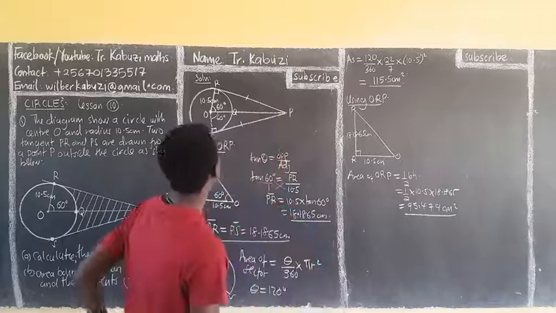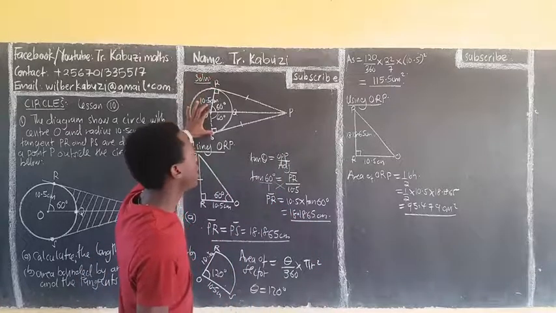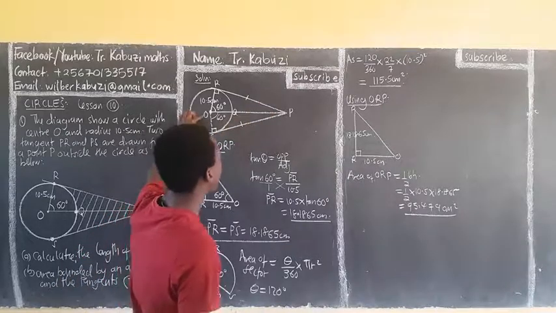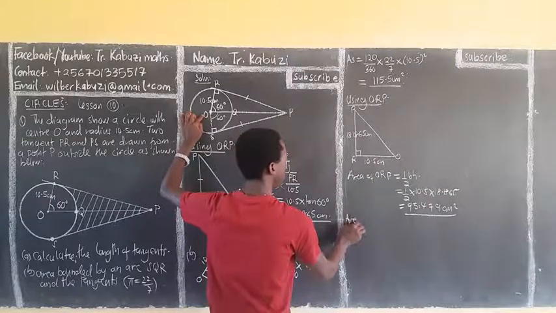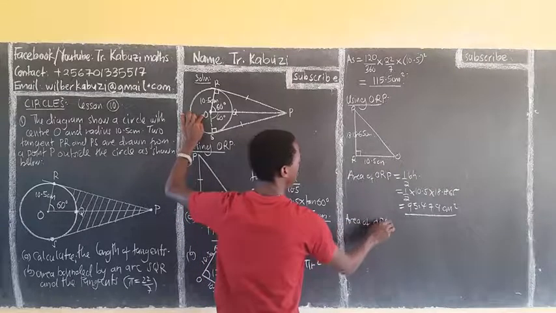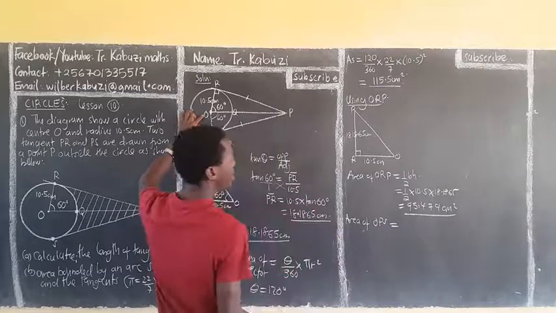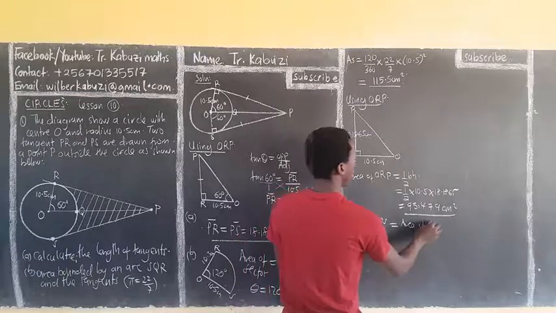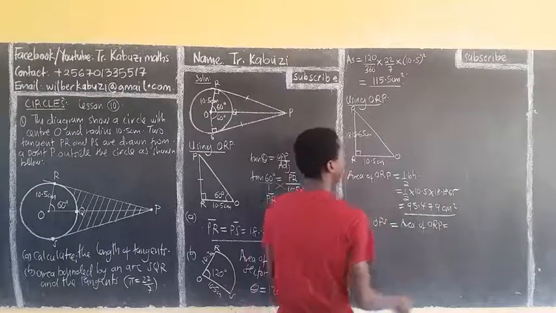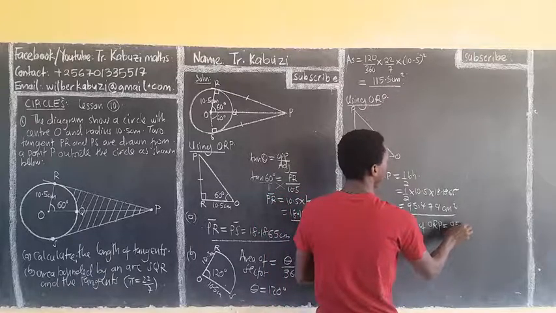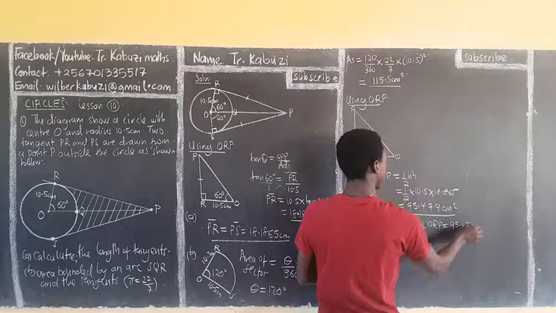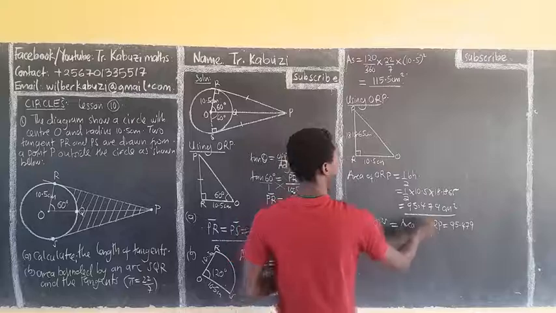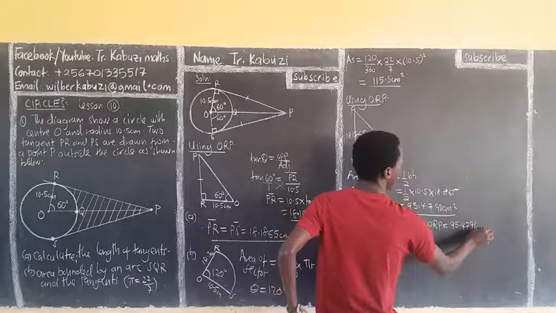But you see that this triangle has the same area as triangle OPS. So the area of OPS is also the same as the area of ORP, equal to 95.479 centimeters squared.